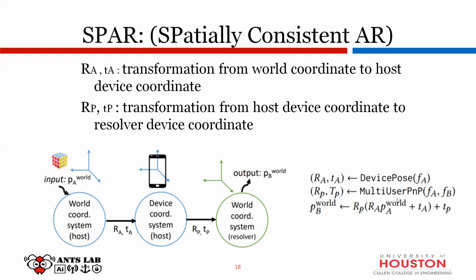So basically you just transform two times. First you transform from the world coordinate system to the host device coordinate system, and then you transform the host device coordinate system to the resolver world coordinate system. So that is how they do the coordinate alignment.